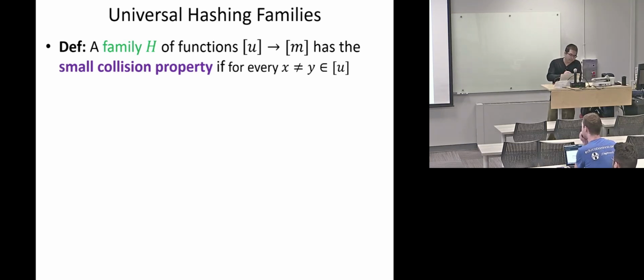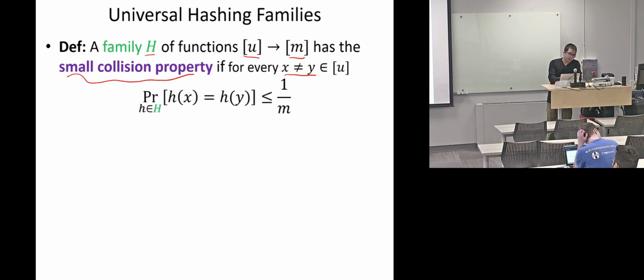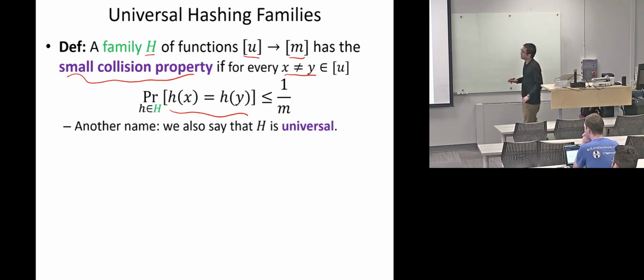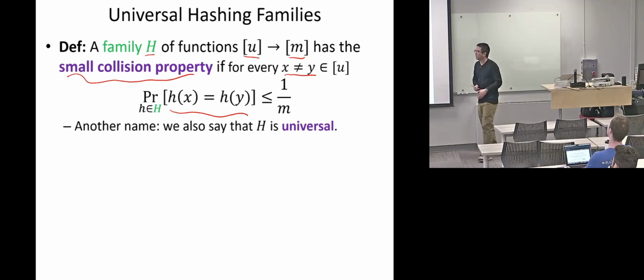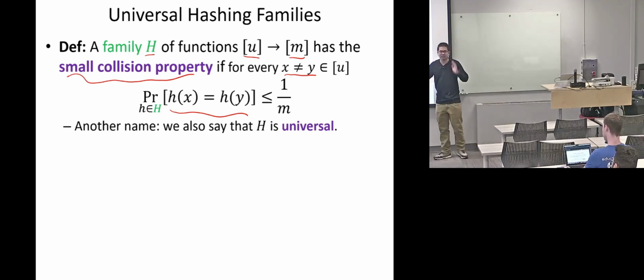We say that a family H that maps U to M has the small collision property if for any x and y that are different, the probability that they map to the same place is at most 1/m. People call this universal. It's a misleading name, but it's been in the literature for a long time. When you say universal, just think of small collision.